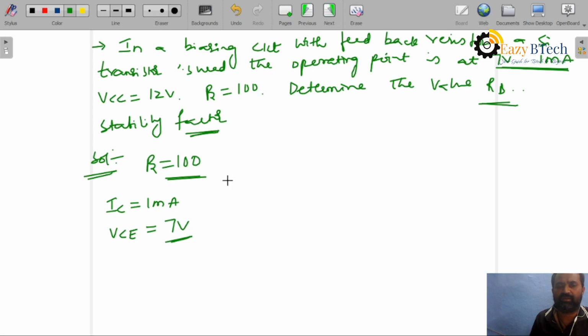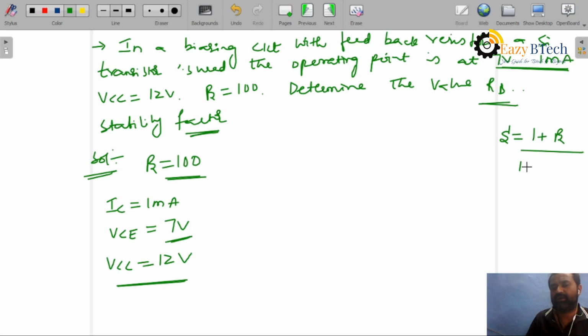VCC is equal to 12 volts. To find the stability factor, the formula is 1 plus beta by 1 plus beta into RC by RB plus RC.